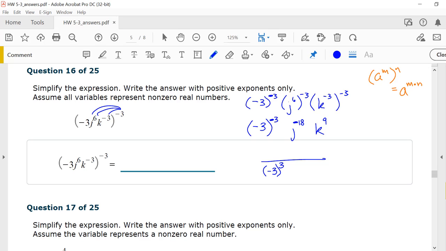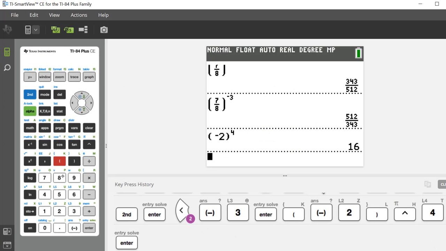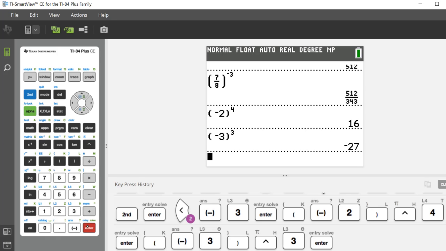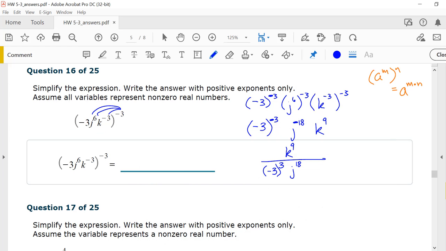Negative 3 to the positive 3, j to the positive 18, but I need to keep the k to the 9 up in the numerator. Okay, what is negative 3 cubed? It's negative 27. My answer would be k to the 9th over negative 27 j to the 18th.